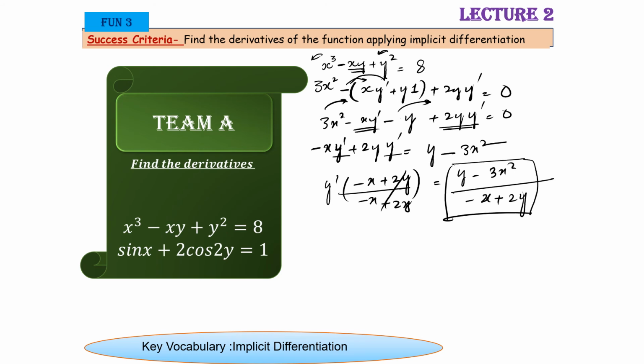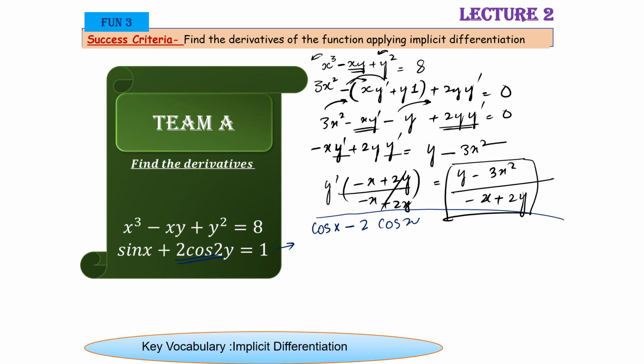Okay, so the next question is sine x plus 2 cos y. So let's try to solve on the same page. The derivative of sine x is cosine x. Derivative of cosine 2y is negative 2 cosine 2y.